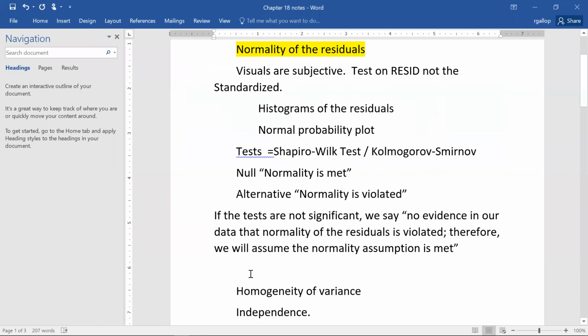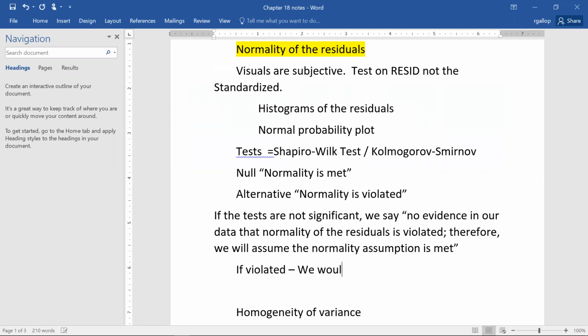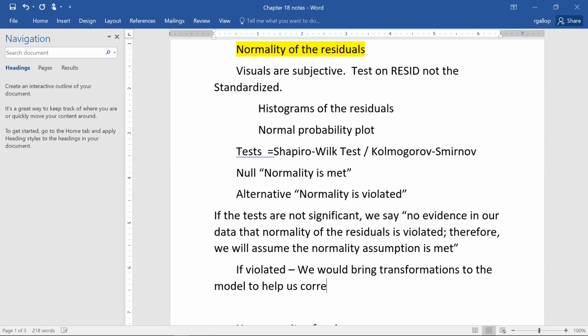So with the normality, bring in transformations to help us correct the violation.